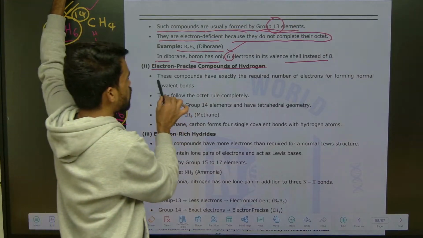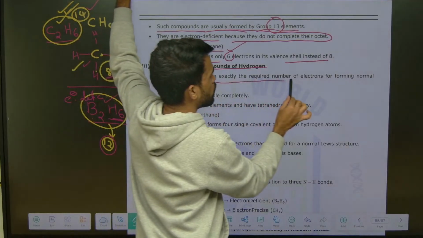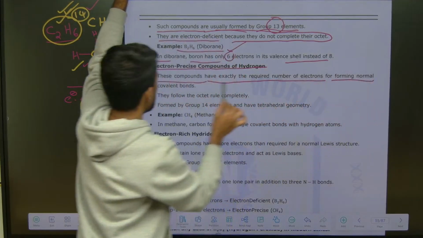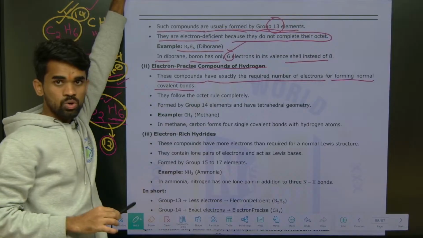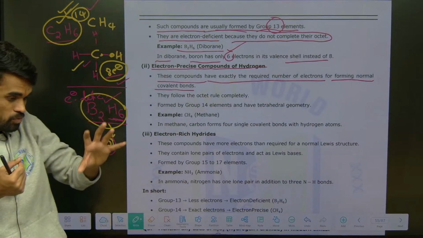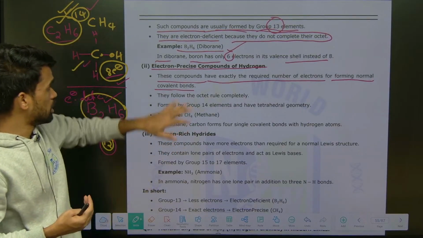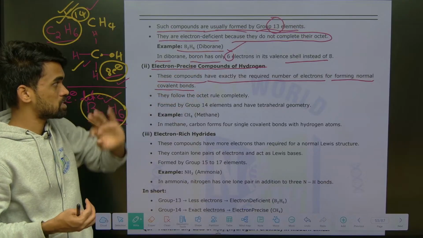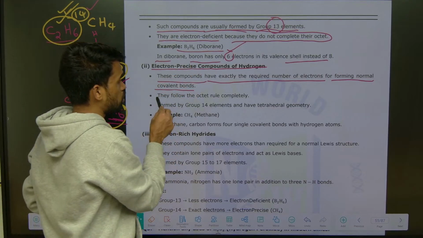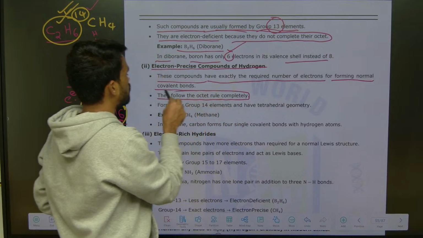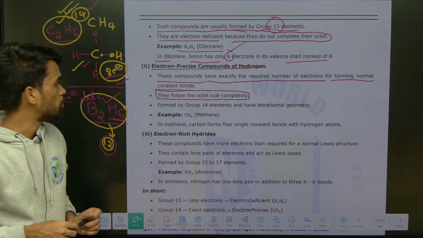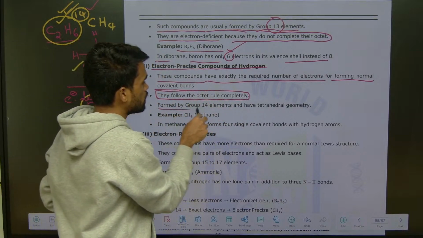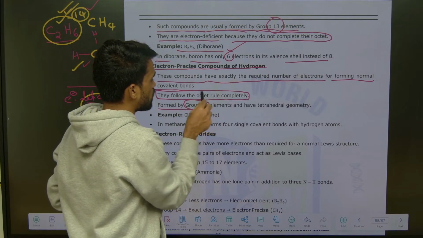These compounds have exactly the required number of electrons for forming normal covalent bonds, so they follow the octet rule completely, and these are formed by group 14 elements. How are they formed?